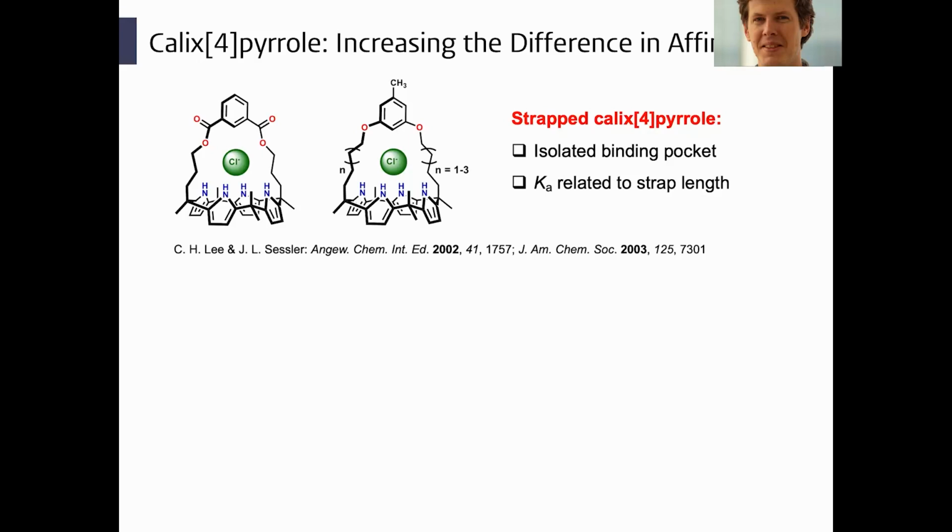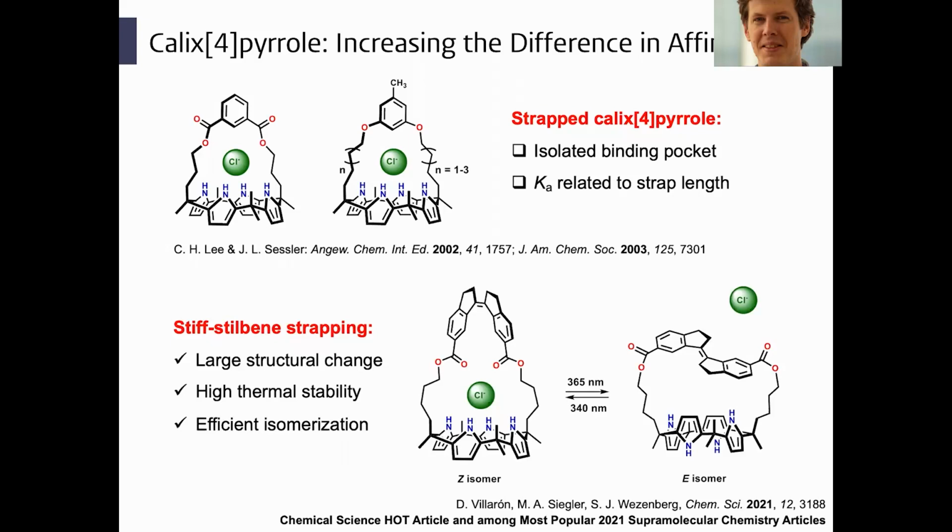And therefore, we looked at these calyx spiral systems, which were developed by the groups of Lee and Sessler, and they introduced these bridges and thereby found that these bridges create a very nice binding pocket so that you get high affinity for chloride binding, where all these pyrrole moieties can point upwards and form hydrogen bonds with the anion. So we decided to incorporate our stilbene molecular switch into these bridges, and thereby expected that in the Z isomer we would have a significant chloride binding, and chloride binding would be weaker in the E isomer.